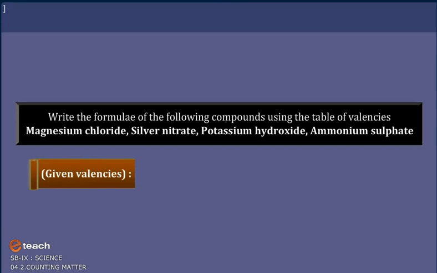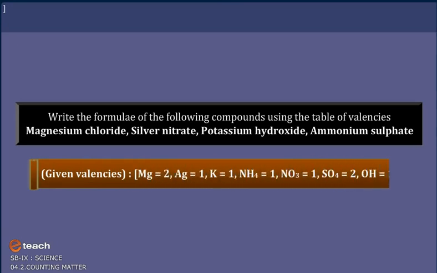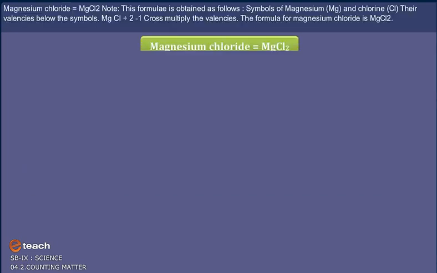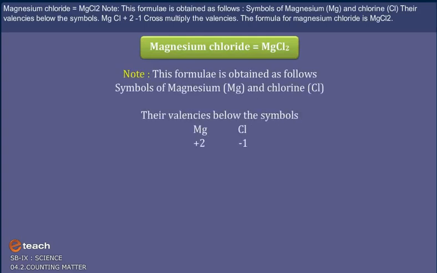Given valencies: Mg is equal to 2, Ag is equal to 1, K is equal to 1, NH4 is equal to 1, NO3 is equal to 1, SO4 is equal to 2, OH is equal to 1. Magnesium chloride is equal to MgCl2.